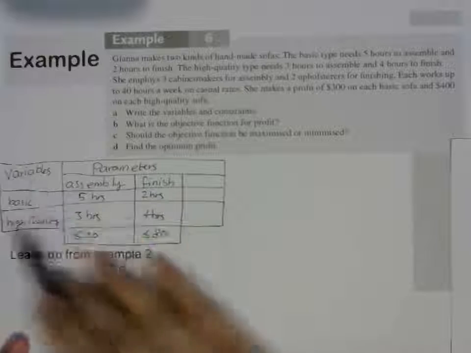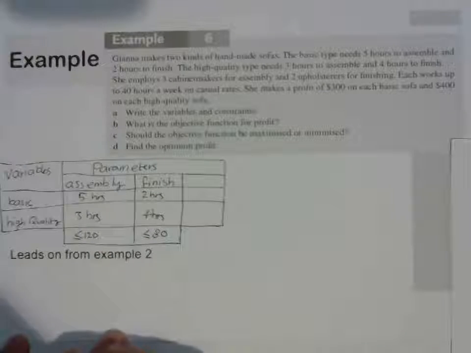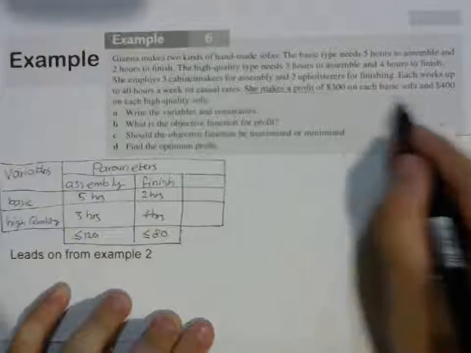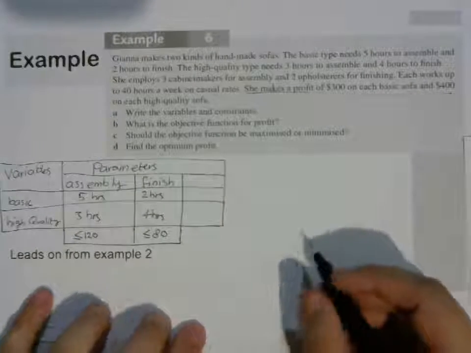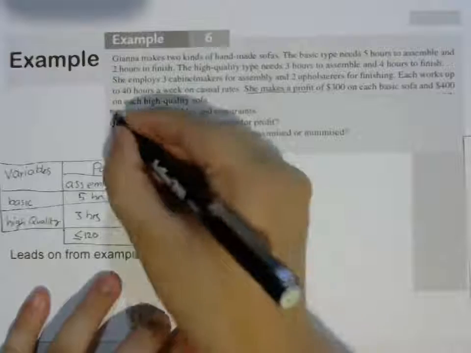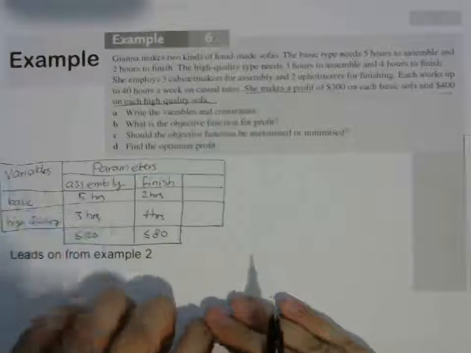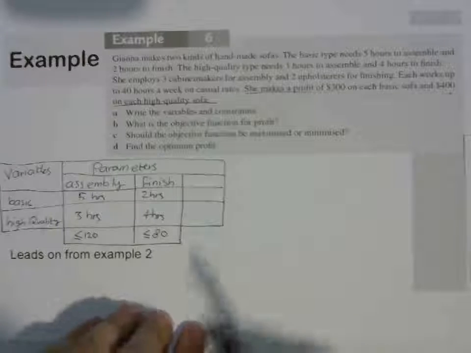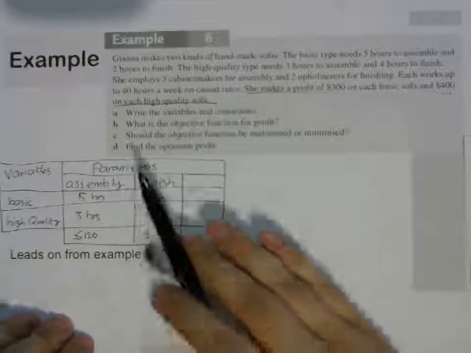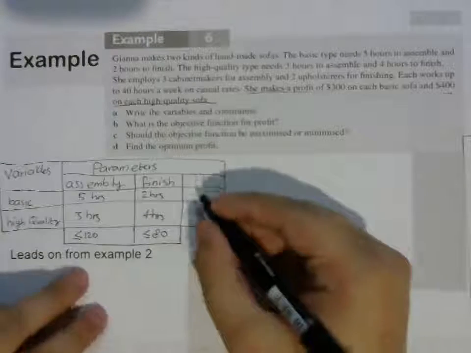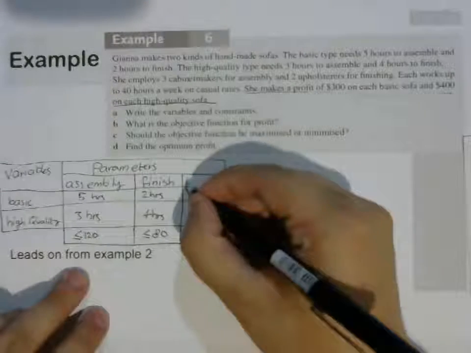That's all the information we used last time to graph this region, and I've copied it down to the bottom here. The new information is she makes a profit of $300 on each basic sofa and $400 on each high quality sofa. So our variables, parameters and constraints are mostly unchanged, except we now have this third category, which is profit.